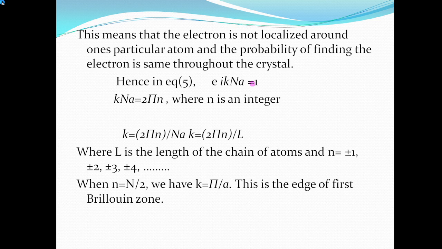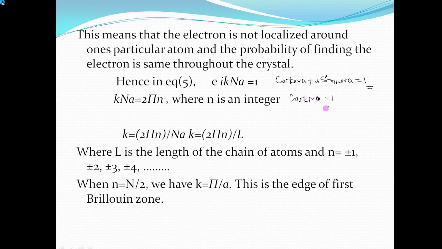So I can write this as cos kNa plus i sin kNa is equal to 1. But here 1 is a real number, so there is no imaginary part. So I can write cos kNa is equal to 1.